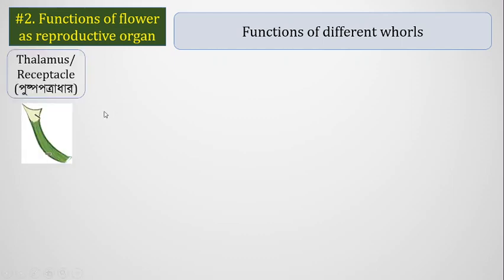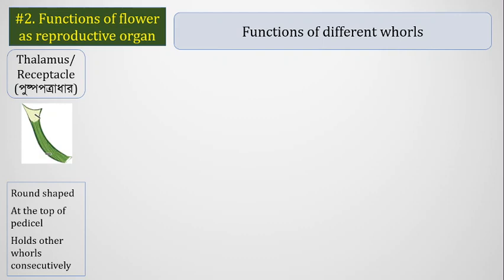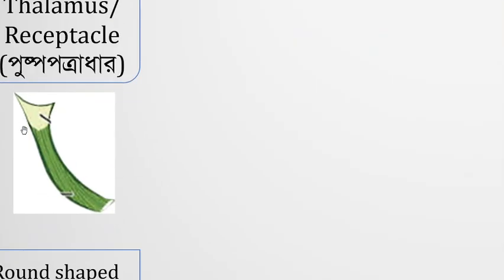At first, the thalamus or receptacle, which should not be confused with the floral axis. The thalamus or receptacle, in Bangla called pushpopatradhar, is round shaped. The top part you see is actually the thalamus or receptacle, and the green part is the pedicel.